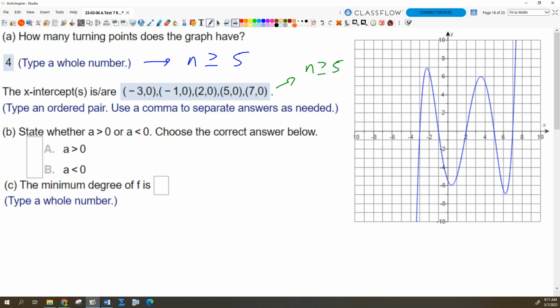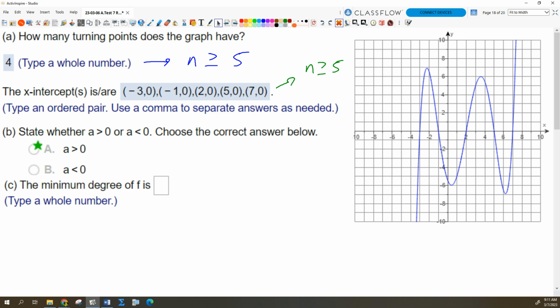Okay, is A positive? Thumbs up for positive, thumbs down for negative. Yeah, because what kind of end behavior is this? Positive odd, isn't it, right? If we ignore the middle, it's doing this, right? Positive odd. So we know it's positive. And then what if we assemble all those clues?